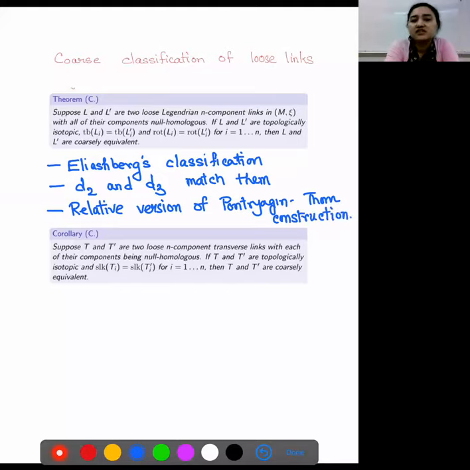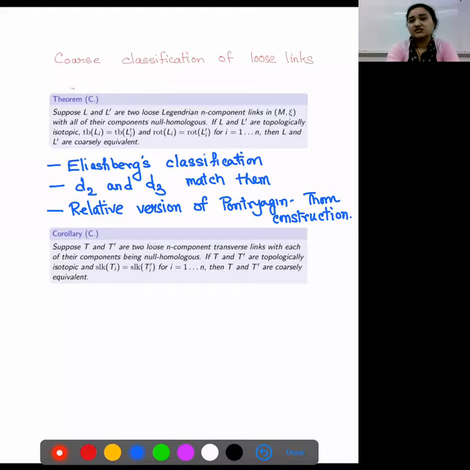The relative version gives us a nice way to associate D2 and D3 invariants with framed cobordism classes of links. So these three things are the main tools of this proof. This is pretty technical, so I will not go into the details.